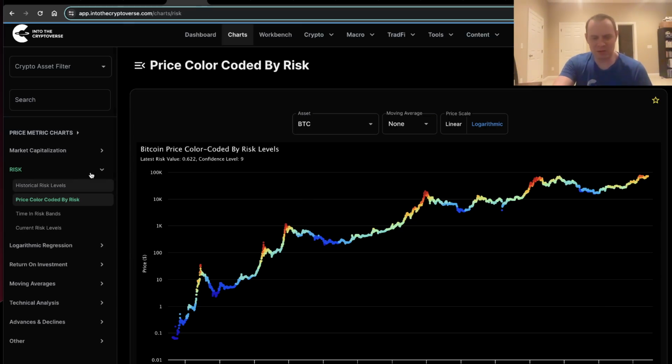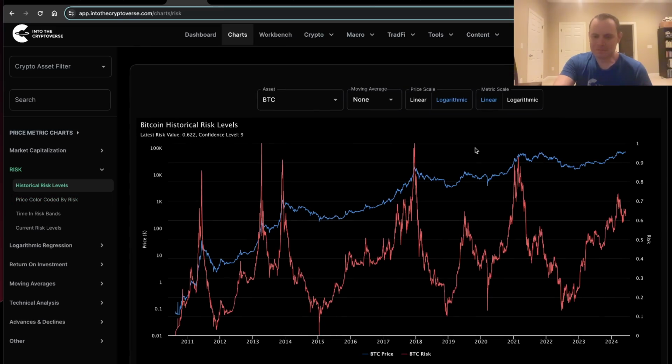And if you look at historical risk levels, you can visualize what it would look like to buy below 0.4. Perhaps do nothing between 0.4 to 0.6, right? Which is essentially what I've done this cycle. I don't know if I said that earlier, but this cycle, basically it was, below 0.4 is fine.